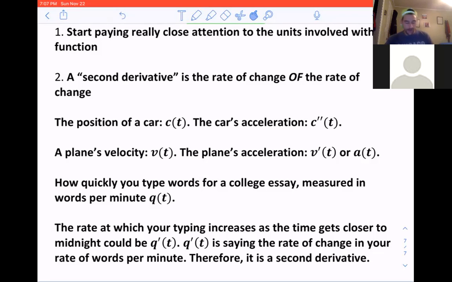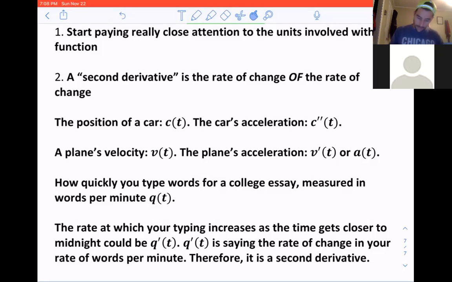And then let's say you're quickly typing words for your college essay, and we can measure that in words per minute, which I called q of t because you're typing quickly. No real reason besides that. So let's say the rate at which you're typing we're measuring in words per minute. Well, the rate at which your typing increases as the time gets closer to midnight would be q prime of t, and q prime of t is saying the rate of change in words per minute per minute.